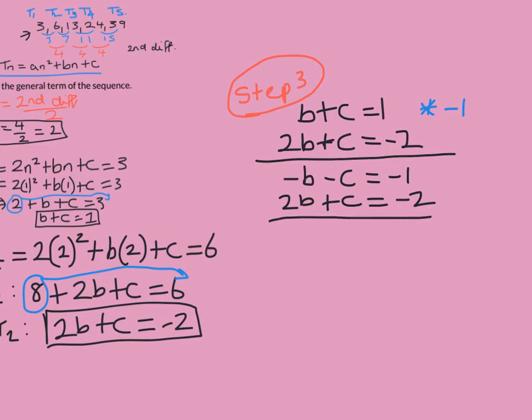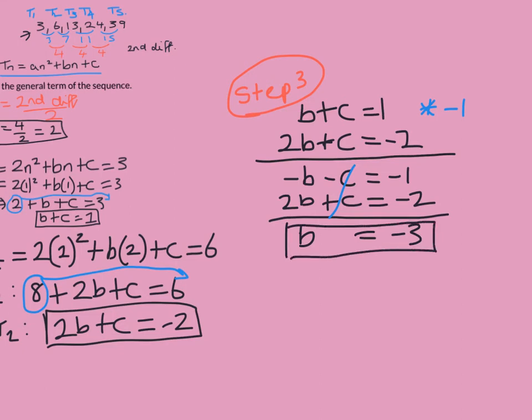I draw a little line underneath and look at these in their columns. Minus b plus 2b gives me b. Minus c plus c cancel, and minus 1 minus 2 gives me minus 3. So now I found a value for b: minus 3.